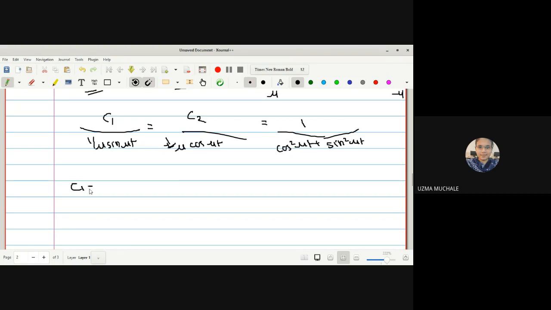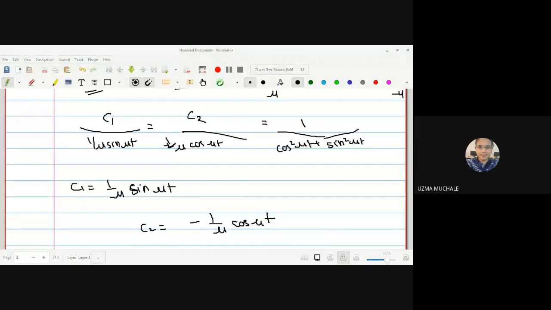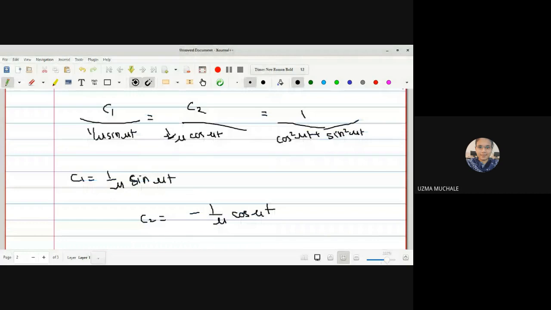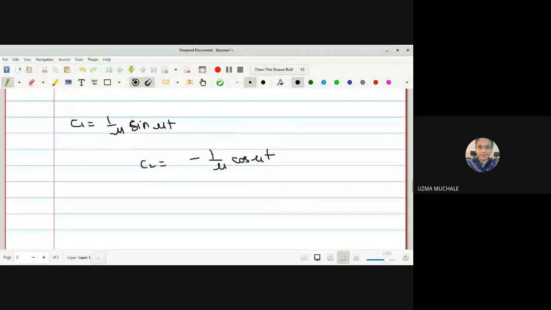In this way, I get the value of C1 as 1 upon mu sin mu t, and C2 is equal to minus 1 upon mu cos mu t. Now just resubstitute the values of C1 and C2 here. This is b1 minus a1, and this is b2 minus a2.